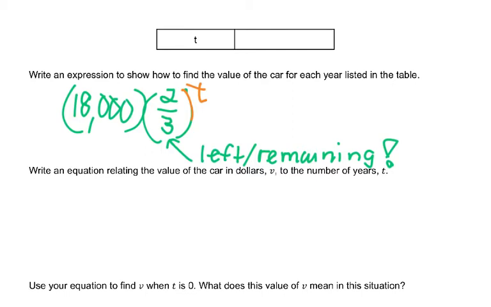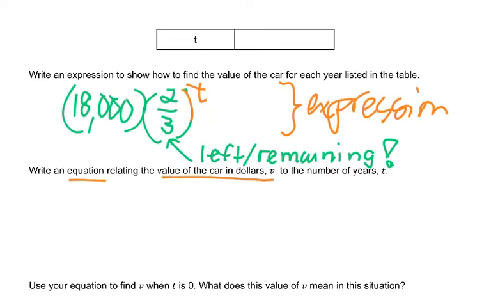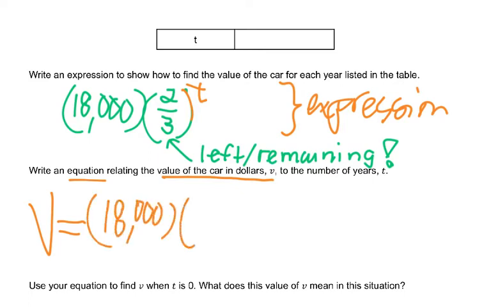Now it says, let's write an equation. Remember, this is an expression. I know it's an expression because there's no equal sign there. So now I'm going to write an equation relating the value. So that means V, the value of my vehicle, is going to be 18,000 times 2/3 raised to the power of t.